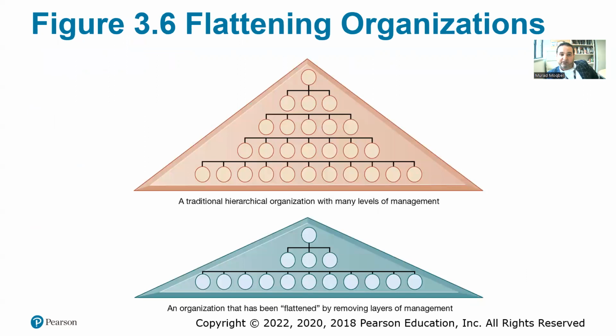What we mean by flattening organizations is this: the traditional hierarchical organization consists of at least 5 levels. The first level, the bottom level, is the frontline employees, and then supervisors, the second line, and then we have middle managers, top managers, and then the CEO. Those are all levels of decision making.